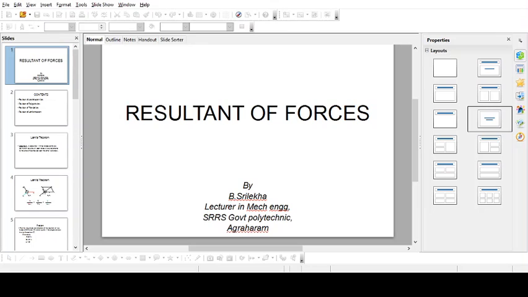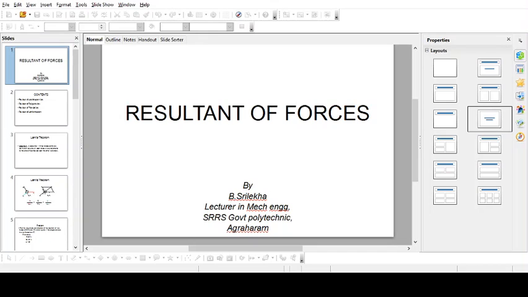So, in the previous class, we have discussed various laws regarding the forces. We have discussed a system of forces, and later on we have discussed resolution of forces. Resolution of forces is nothing but splitting or dividing of a single force into two components without changing its effect.